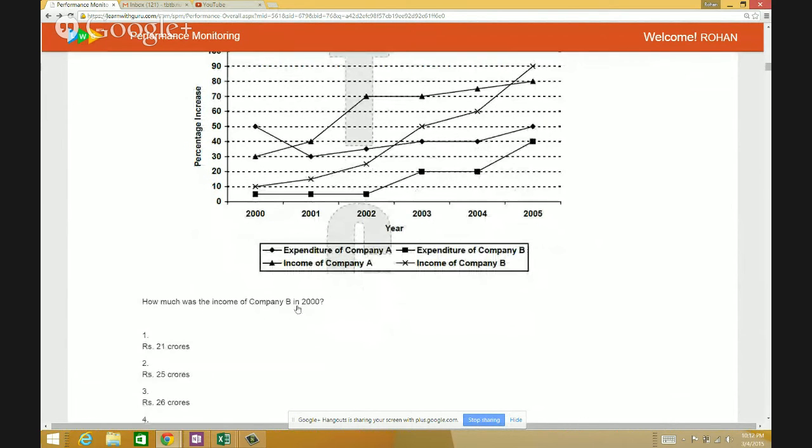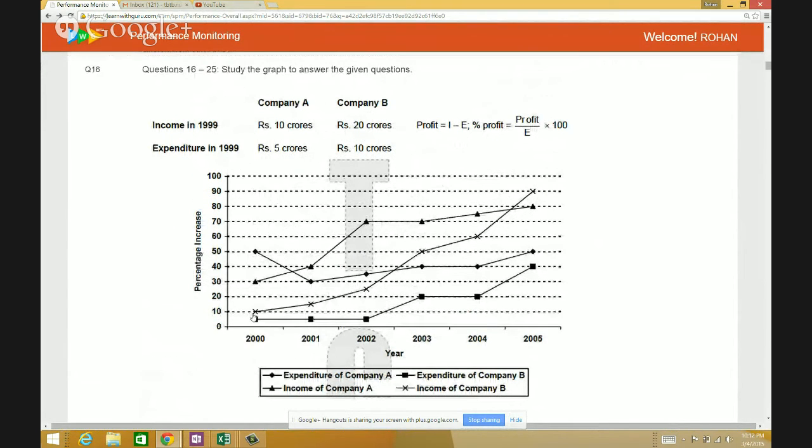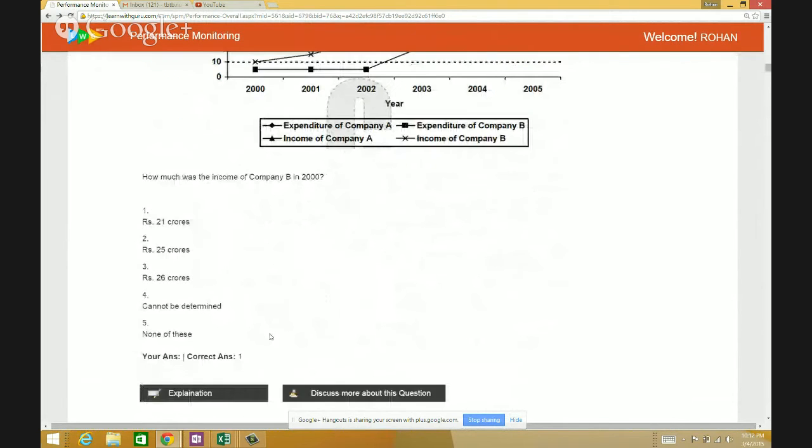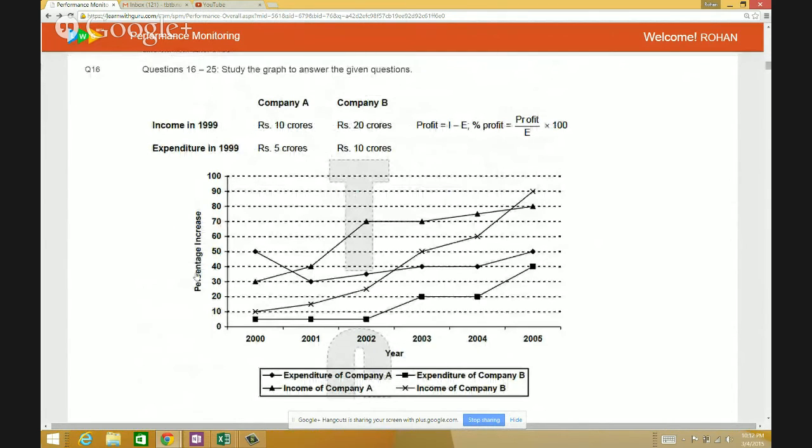What is the income of company B in 2000? That's pretty straightforward. It seems income is basically this one, so the answer is 10. But they're saying 21 crores. No, this is percentage increase. I'm so sorry, I just forgot to say that. I don't have a habit of looking at the y-axis.